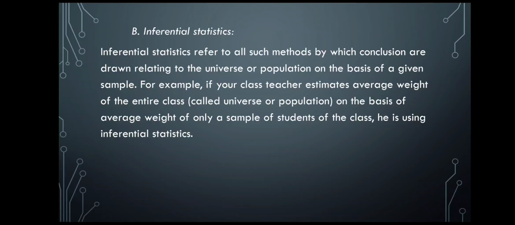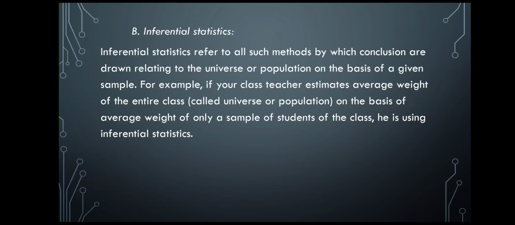Okay, so this term universe or population refers to the entire group on which the study is to be conducted. So in inferential statistics, the economists mainly, they do not reach out to each and every person in that group. They get a sample, they choose few number of people and those are the sample, and they conduct their study on that particular sample, and whatever result they get, they generalize it for that group.